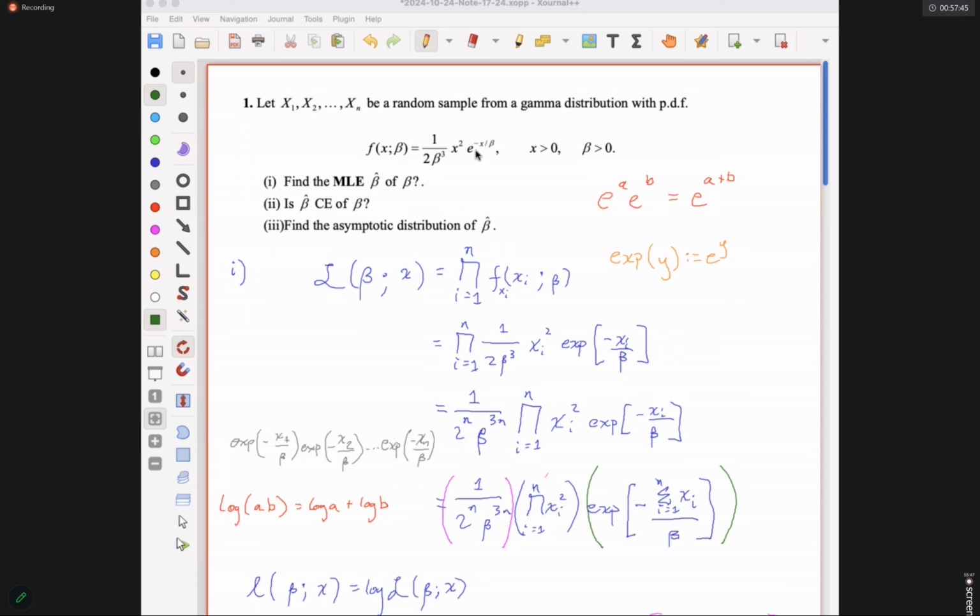Look at that density function and compare it to the gamma distribution that's in your table and tell me what you think the parameter value for alpha is. What number is alpha?